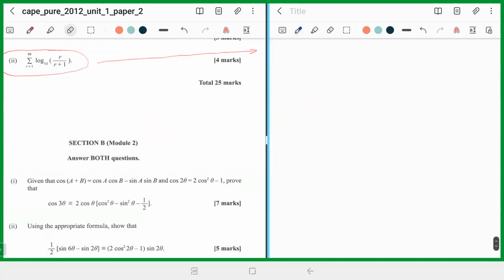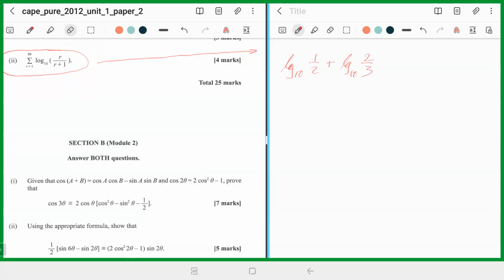All right. Sigma means sum. So I can plug in the 1 first, and it becomes log to base 10 of 1 over 2. You plug in the 2, you get plus log to base 10 of 2 over 3.